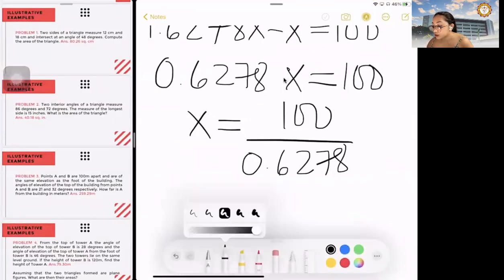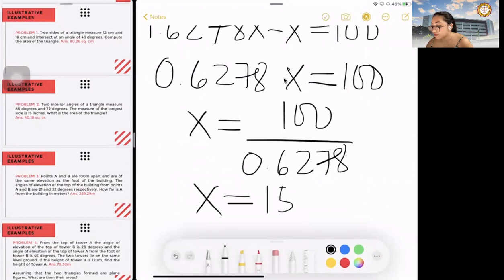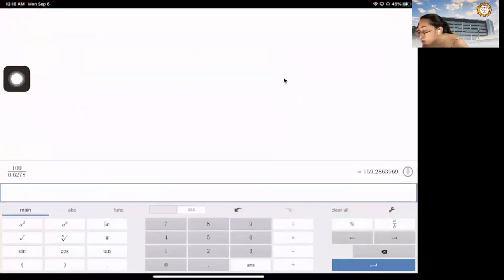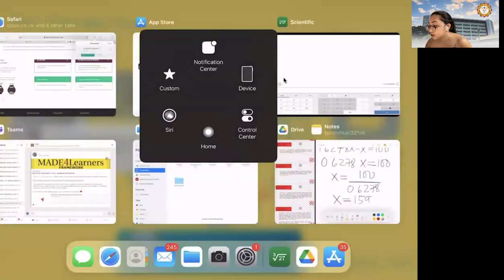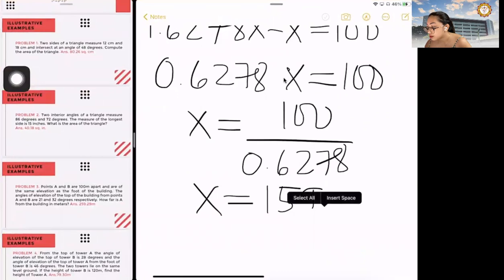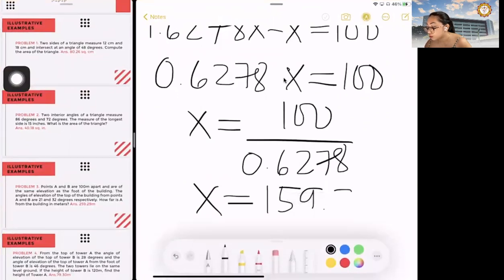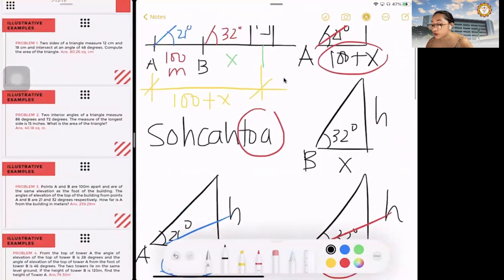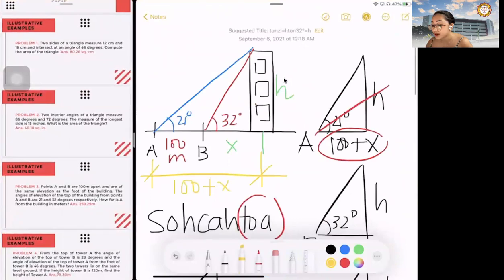So x is equal to 159.2864. Therefore, x is not yet the answer because the one that we're looking for is this, right?